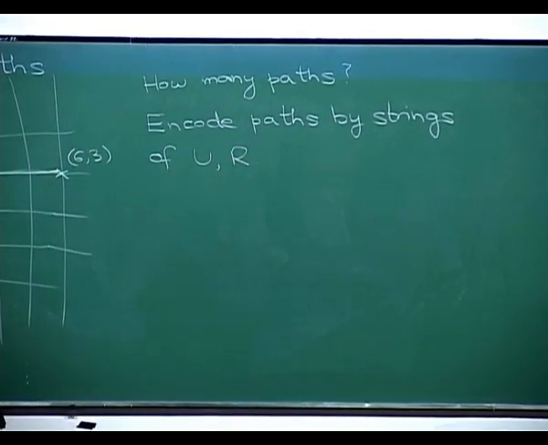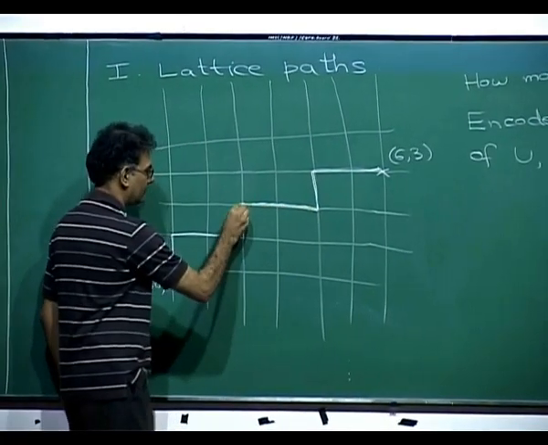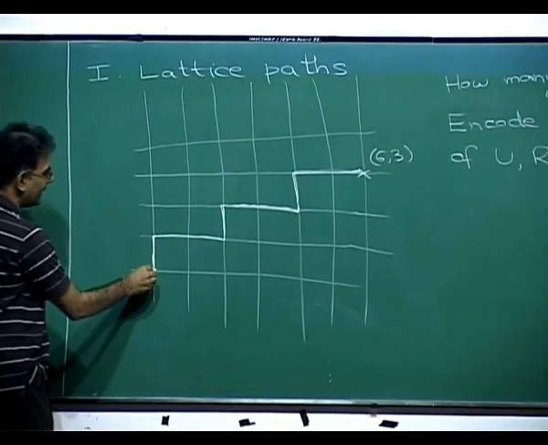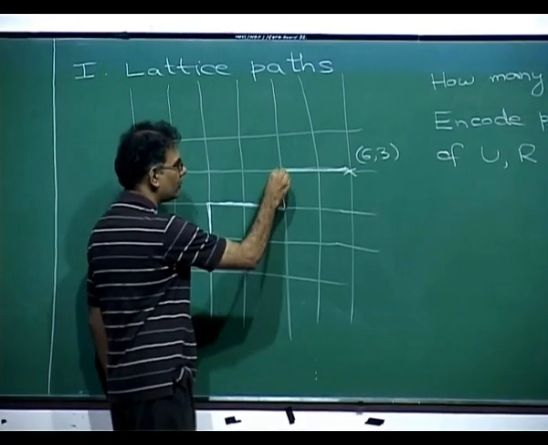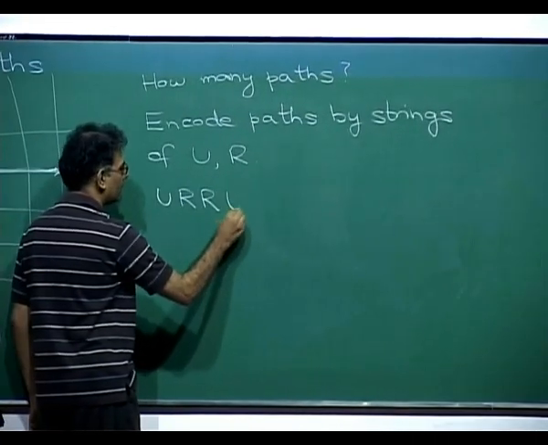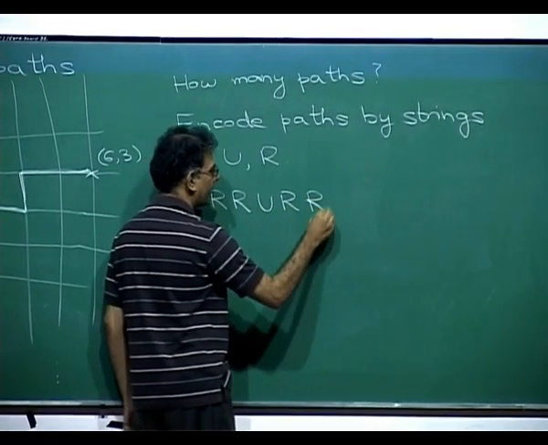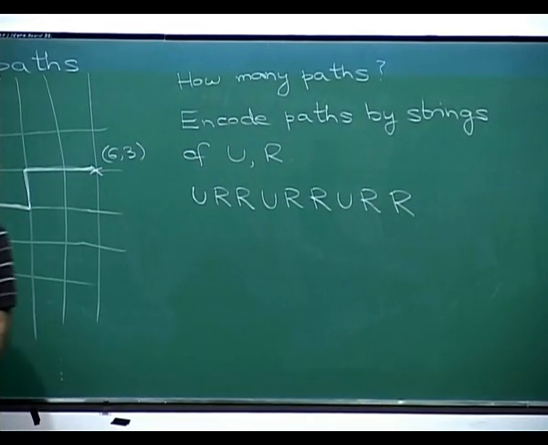So for example, this path that I have marked here, you are starting at 0, 0, going up, 2 R's, 1 U, 2 R's, 1 U, 2 R's. So U, R, R, U, R, R. It is encoded by this string of letters.